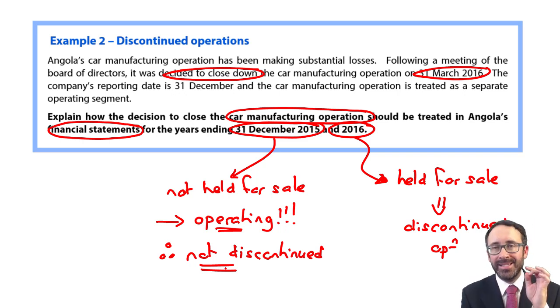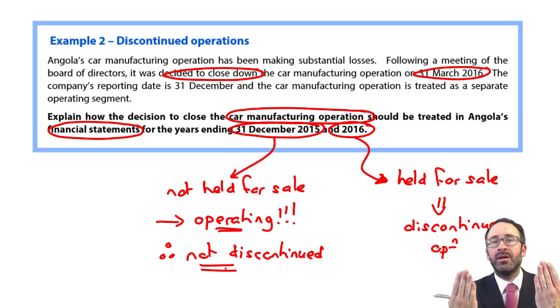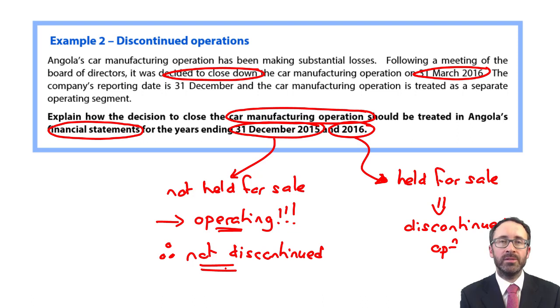But as it stands in this 2015 reporting period, as we are continuing to use that asset, it cannot be classified as a discontinued operation. So all the results, the revenue, the costs, form part of your continuing operations in 2015. And then in 2016, that's when we will separate it out and have that discontinued operation.